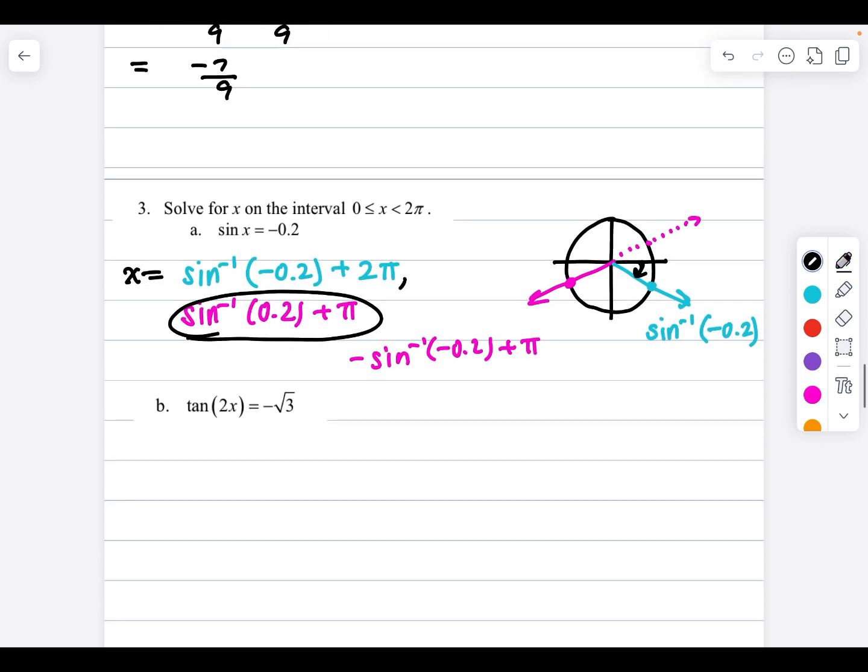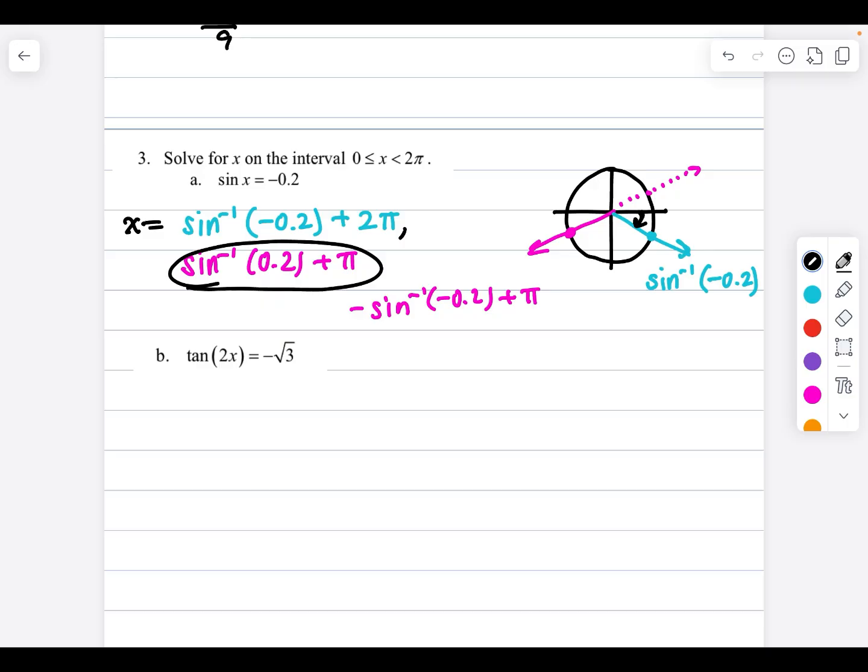All right, part B. So this is tangent, and we recognize this value negative square root of 3, it is the slope of the angles like 2 pi over 3 and 5 pi over 3. So I'm going to go ahead and draw that slope of negative rad 3.